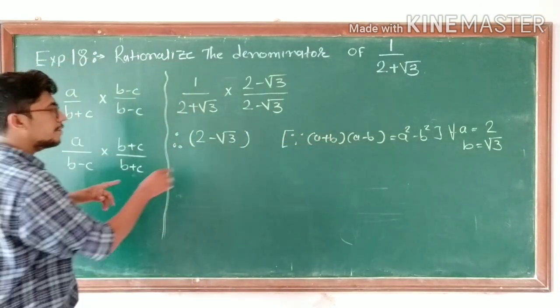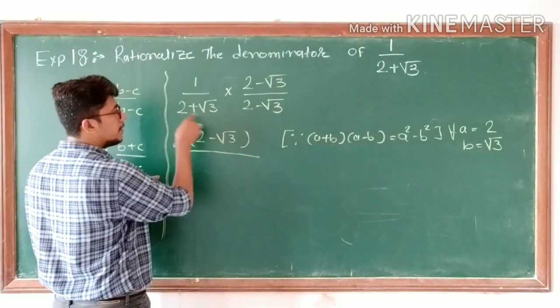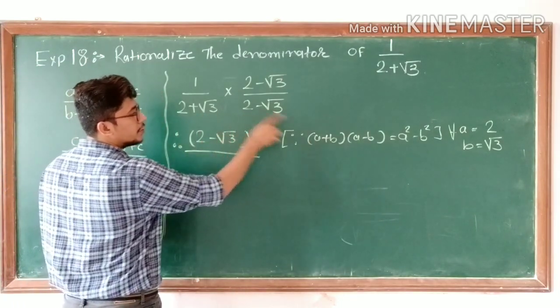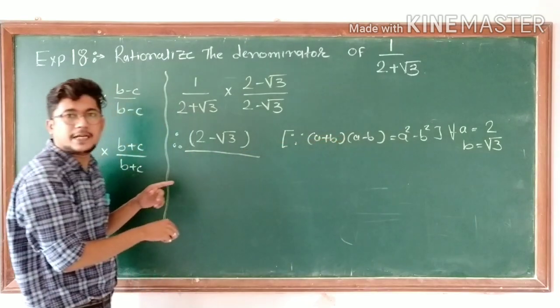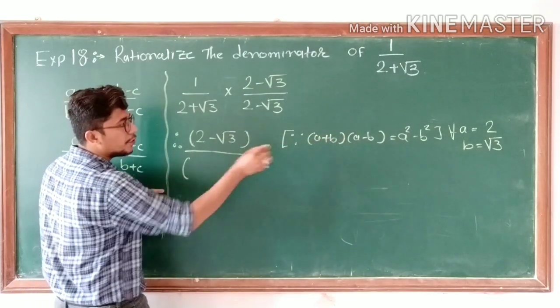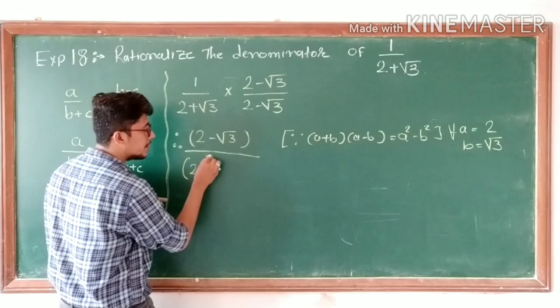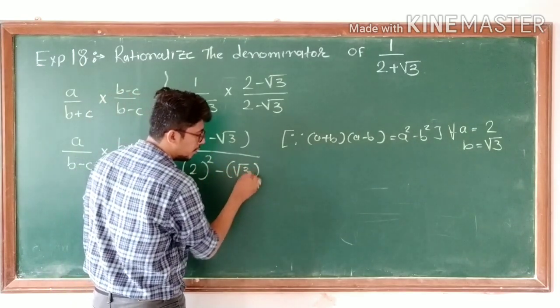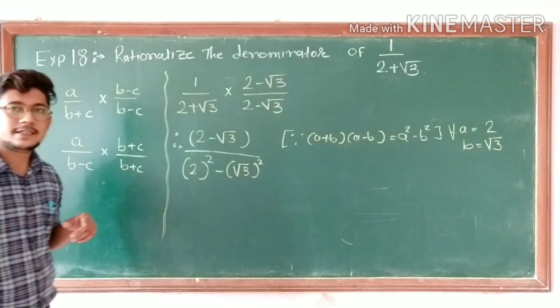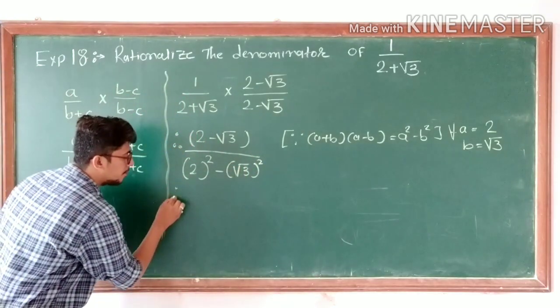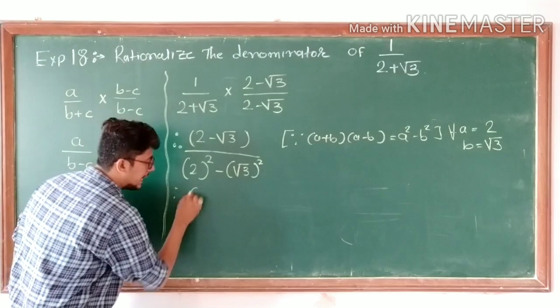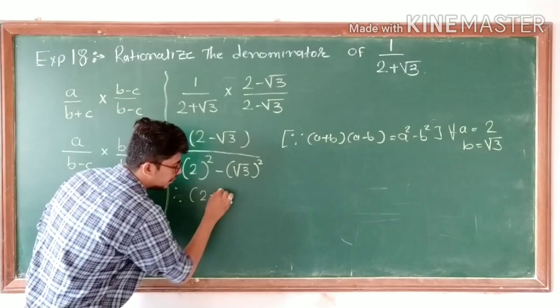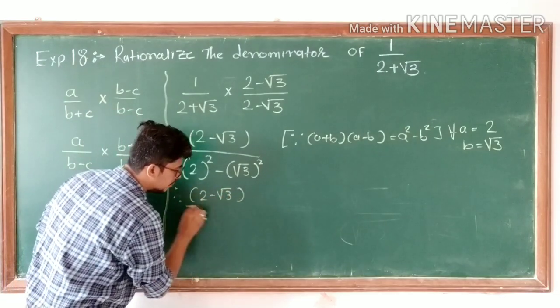So now put the values over here. The final answer will be a square minus b square, so in terms of the values, we will put 2 square minus root 3 to the whole square. 2 minus root 3 will be as it is, no change.